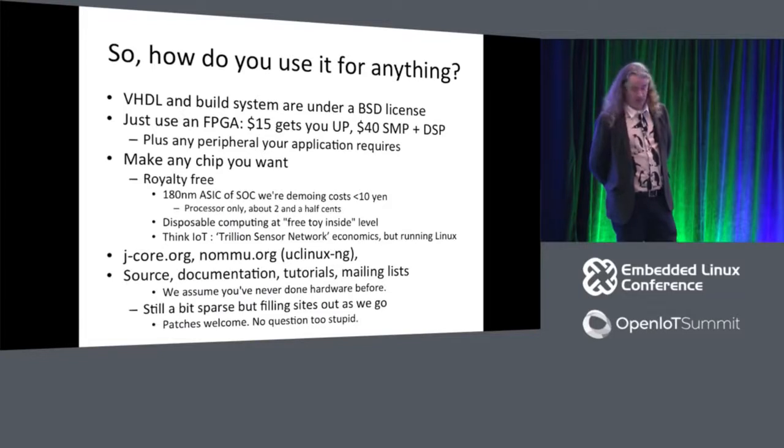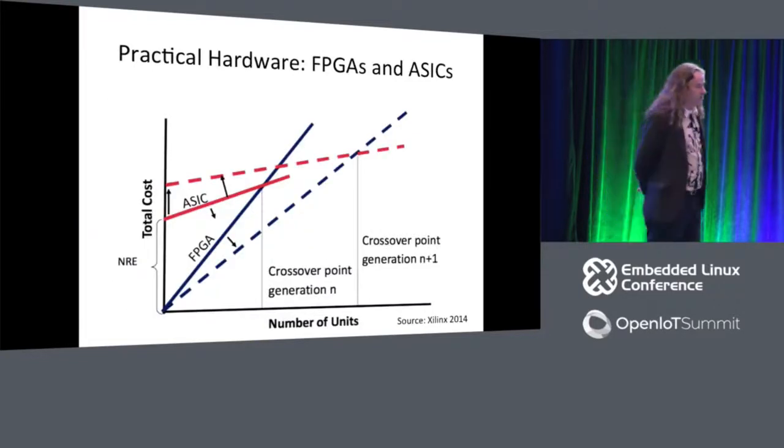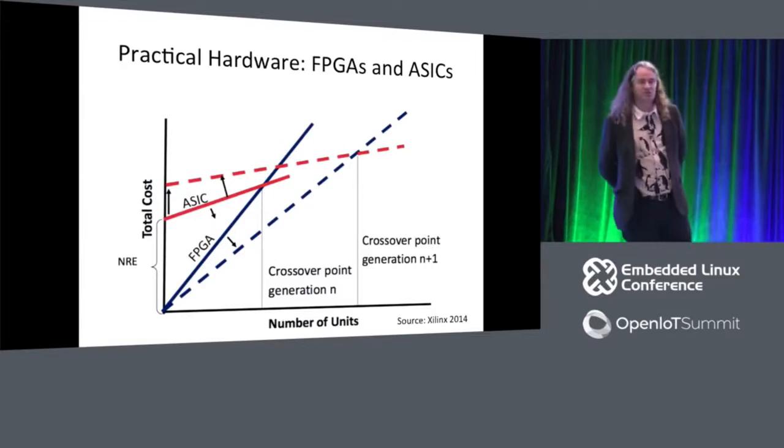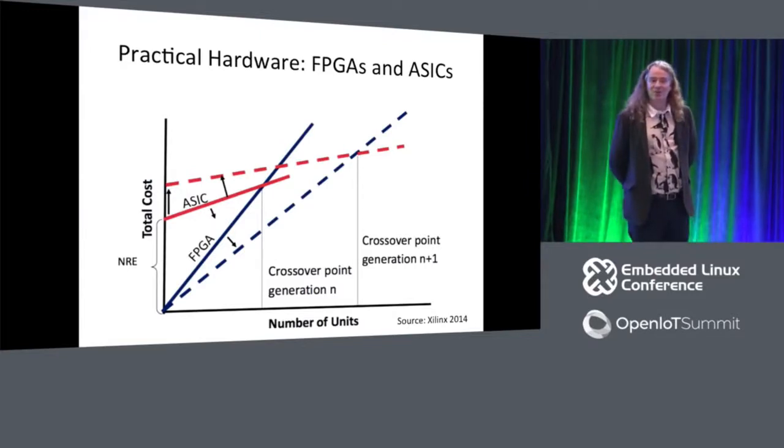Next slide. And here's the economics of it. This slide's from Xilinx, and so there are no numbers because they don't want you to think about the actual numbers, right? But basically what this slide says is the NRE for ASICs is pretty high, and you should use our FPGAs. But we've just talked about $25,000 for masks, so maybe it isn't true.